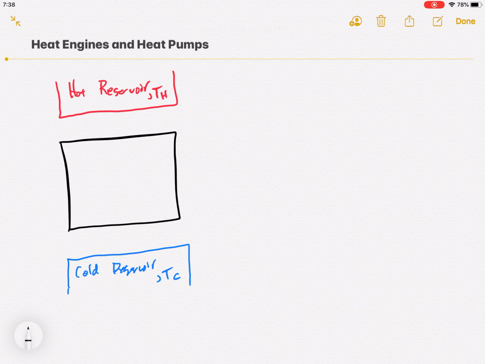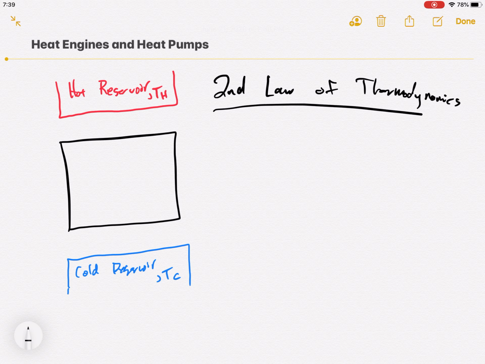So let's talk about the second law of thermodynamics. Or maybe more specifically, this is a consequence of the second law of thermodynamics.